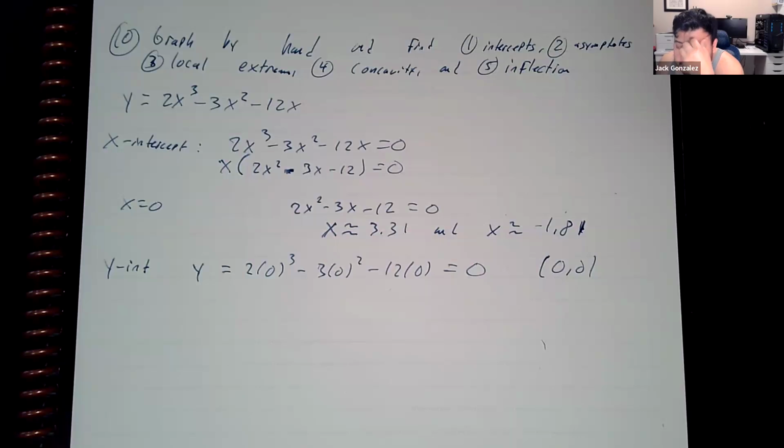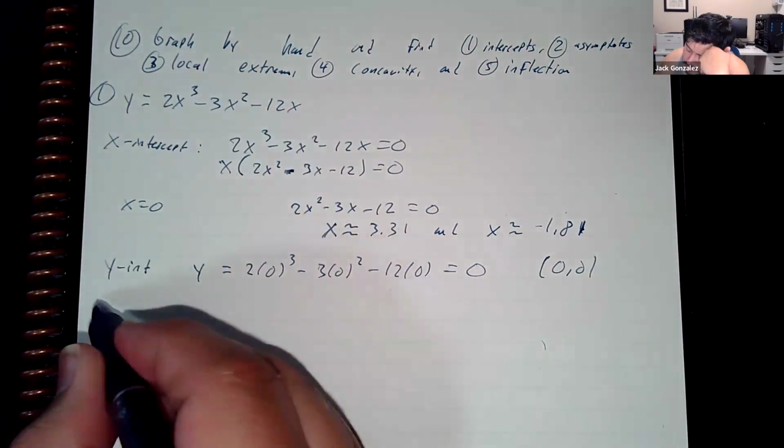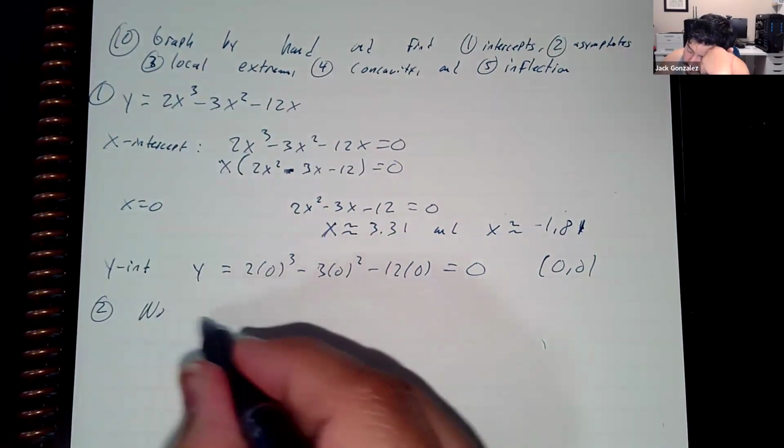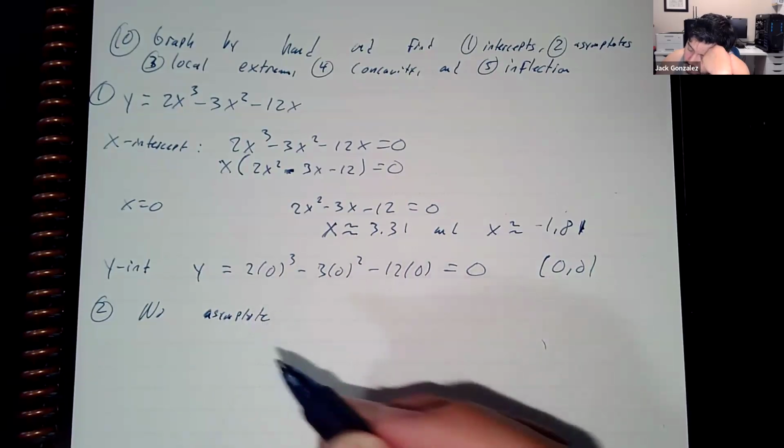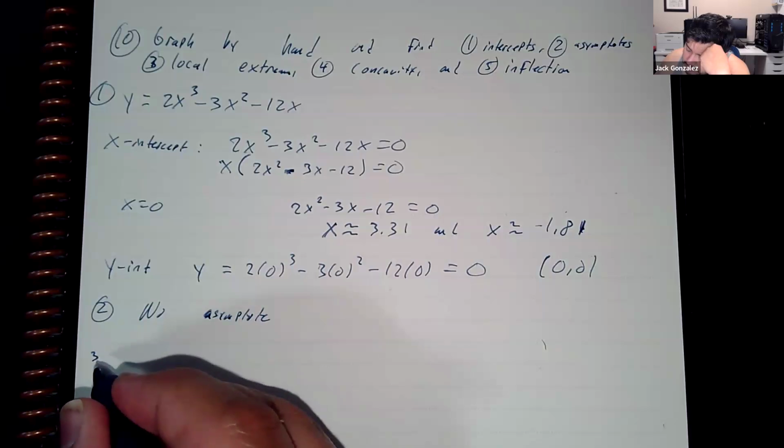Asymptotes. Do we have any? It's just a cubic function, right? So here's number 1. Number 2, no asymptote. Number 3, local extrema.